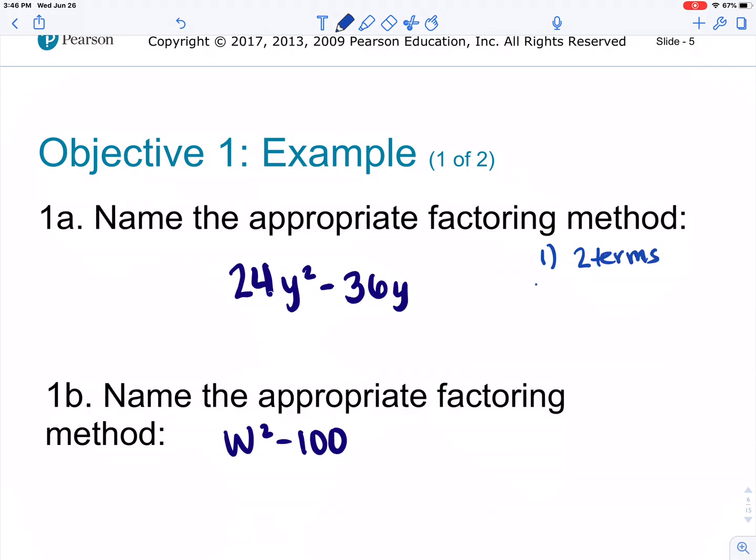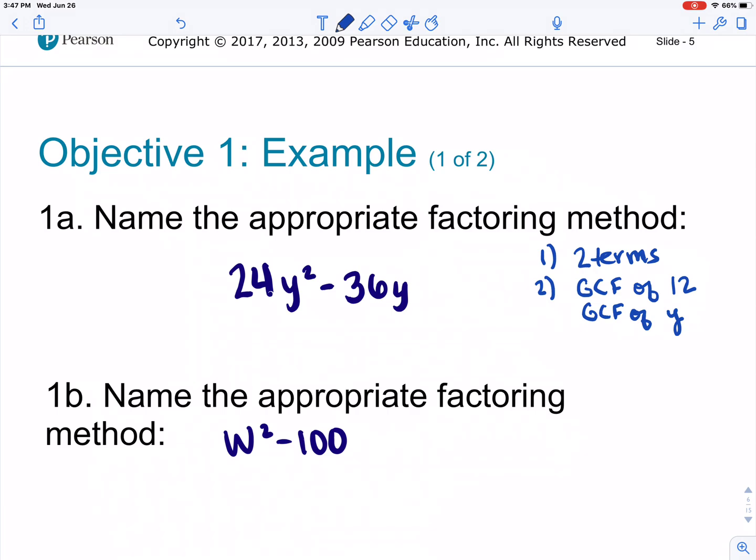And then the next thing I notice is that they have a 24 and a 36, and if I think about what number goes into 24 and 36, they have a GCF of 12. They can both be divided by 12, and they also have a GCF of y because they both have at least a y. So this one is just by factoring out the GCF.